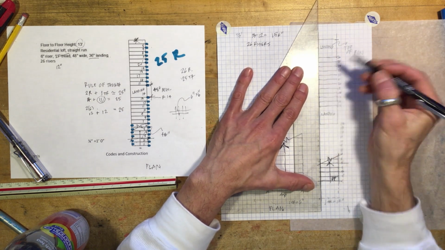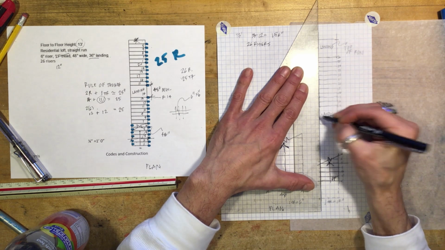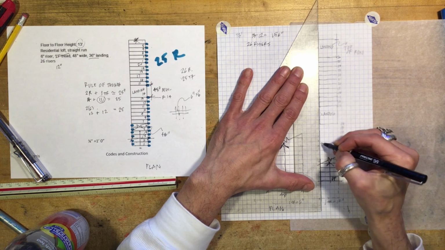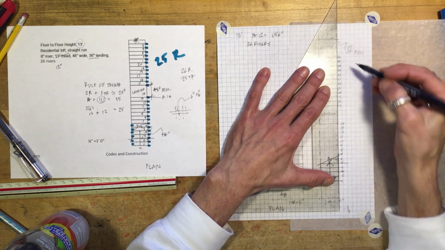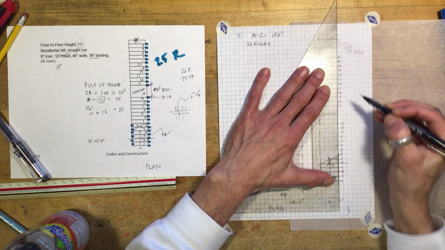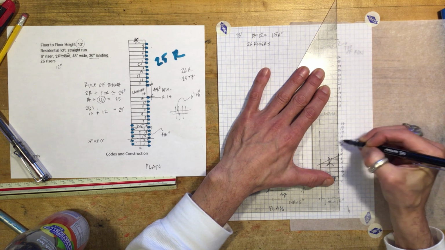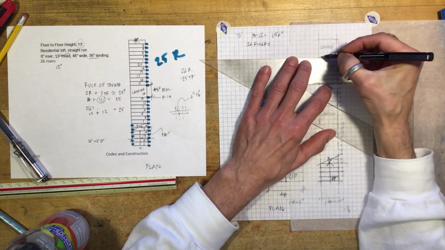I'm going to abbreviate the rest of this. I'm going to draw this part of it in overhead lines. Okay.